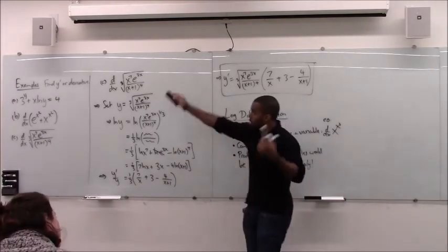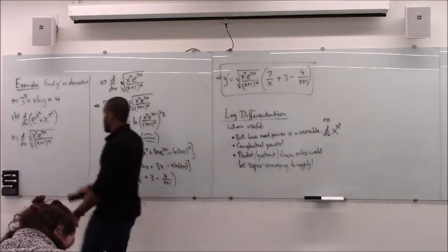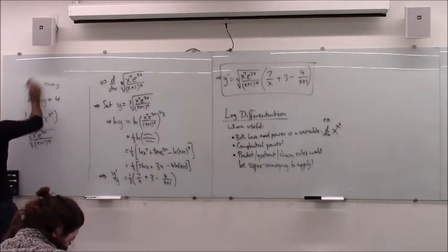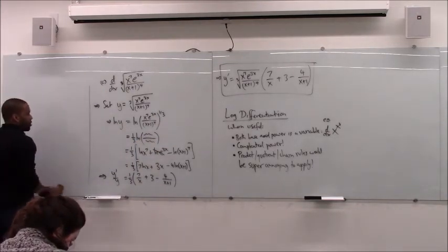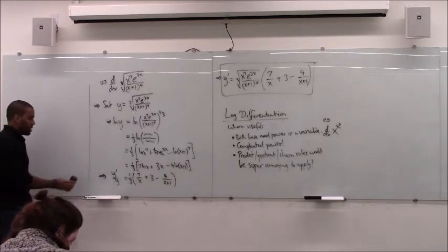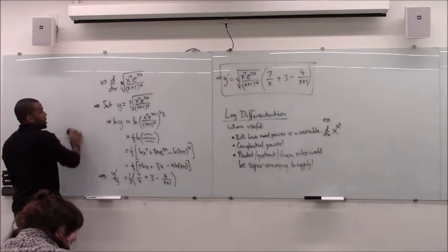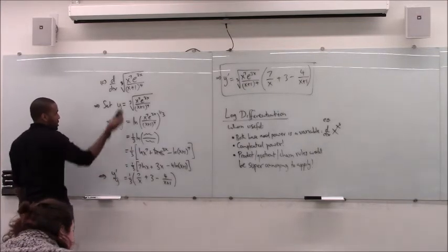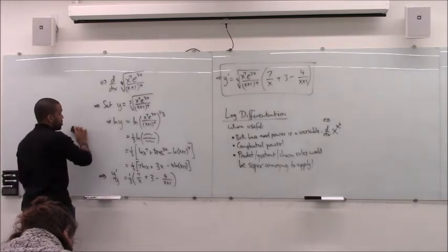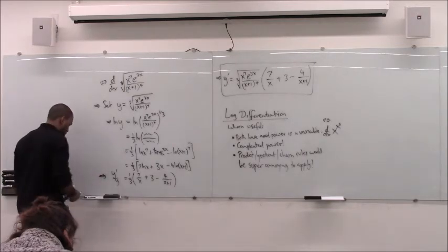If you see something like this show up on the test on Friday, you're not going to say, oh, let's do chain rule. Because one, you'll take forever. Two, it's complicated enough that even if you know what you're doing, chances are you'll make a mistake. Why risk it? And three, there's a better way: log differentiation. Log both sides, break the operations down, then take the derivative. It's nice that way.